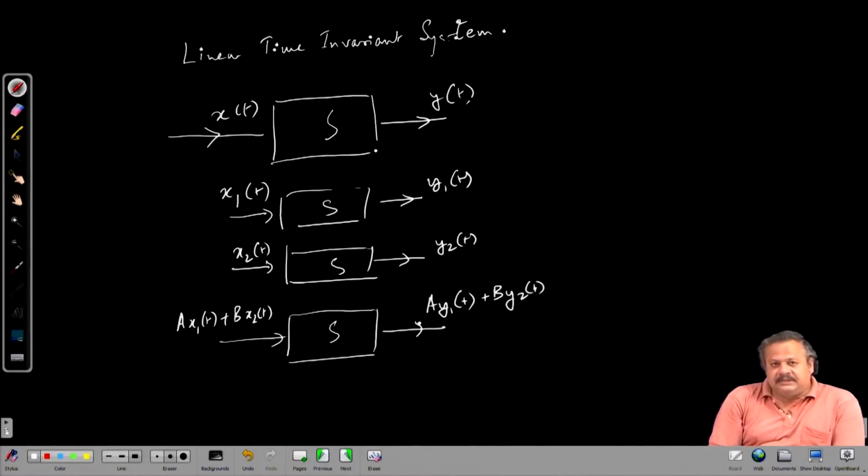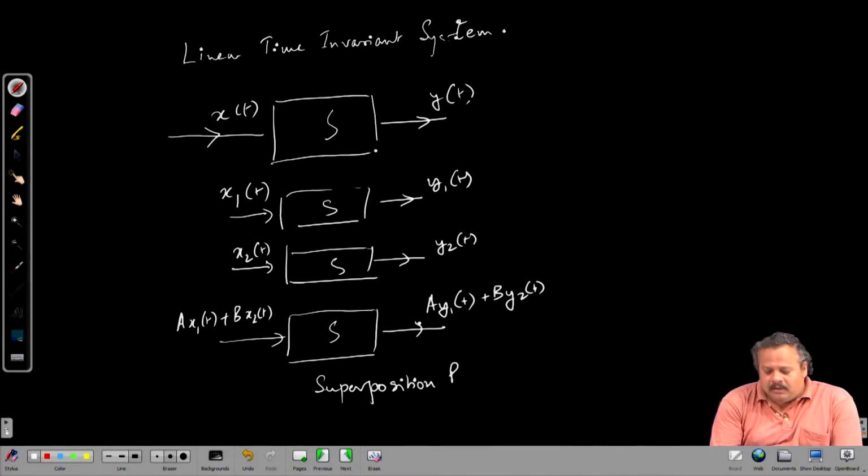This is what we call the superposition principle. And if a system follows this superposition principle, we say that it is a linear system.